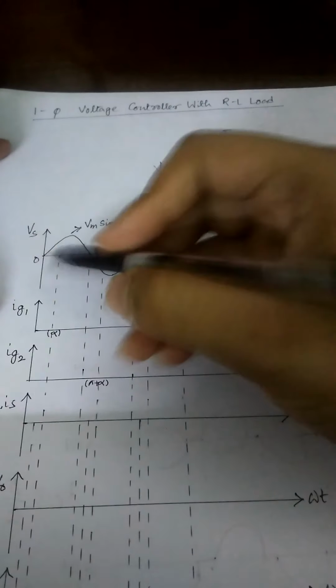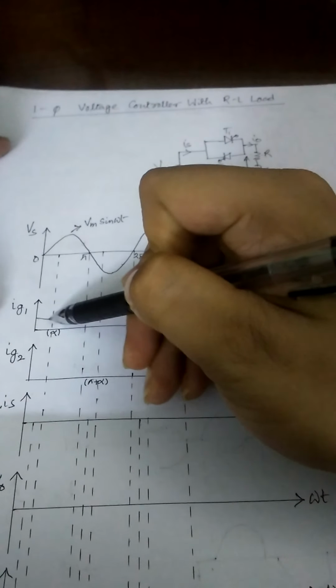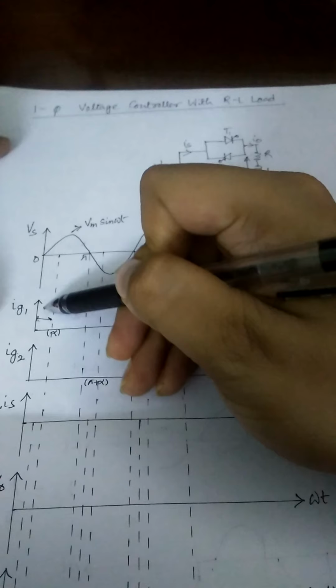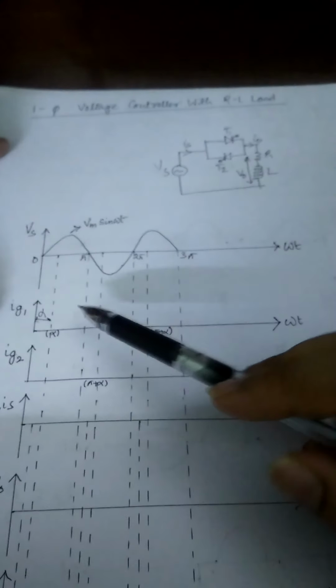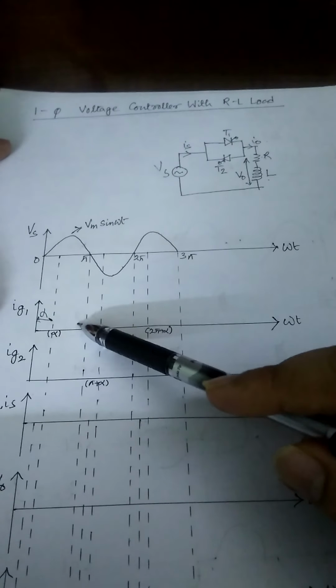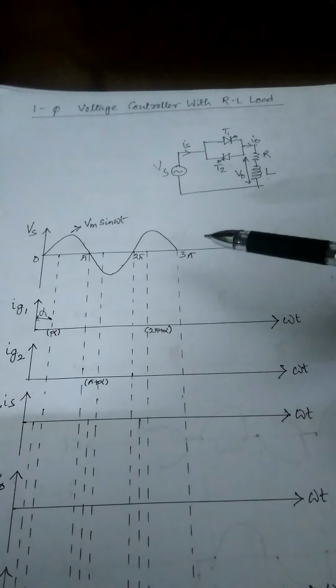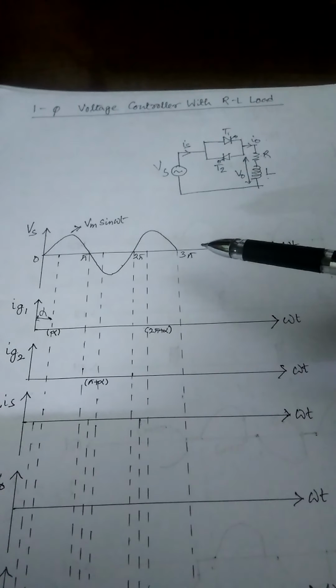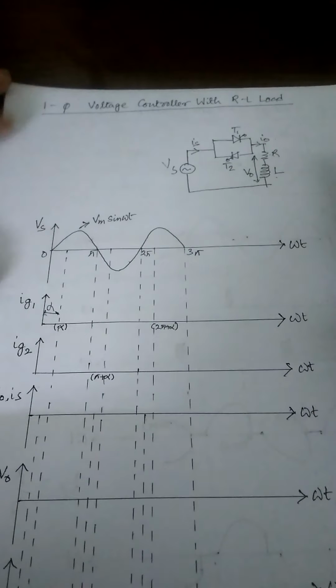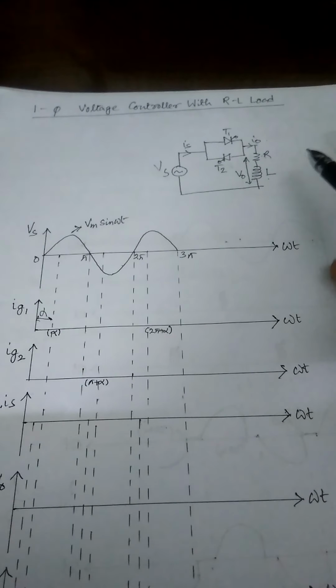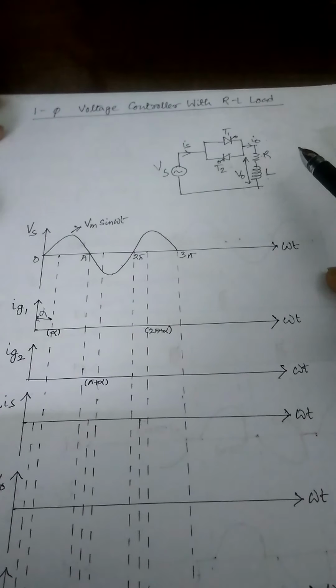This angle is my alpha, and now I will get the gate current Ig1. Here we are using continuous gate current mode, in which the SCRs are continuously supplied with the gate current.